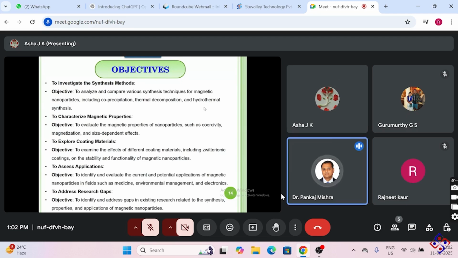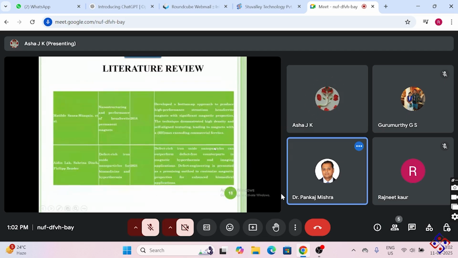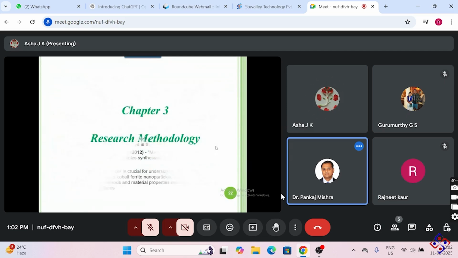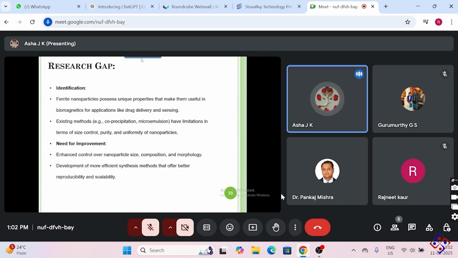Okay. Move to the next slide, research methodology. Here is the research gap: ferrite nanoparticles possess unique properties that make them useful in biomagnetics for applications like drug delivery and sensing.